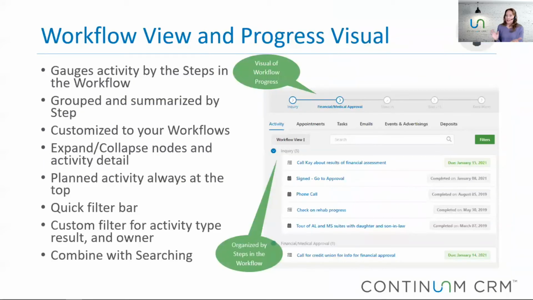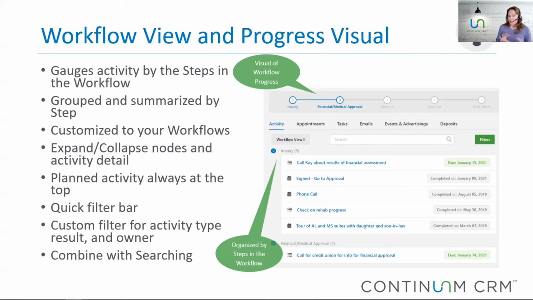Okay. And then finally, our new features, and I've put them both here on the same slide: the workflow view and the progress visual. It's a mouthful, but this bar across the top of the Prospect Center, where we can see how the prospect has progressed through the workflow, is very powerful. Not just from having that information, but also from learning the sales process: how this community works, how it interacts with its prospects, and the buyer's journey that they go through.